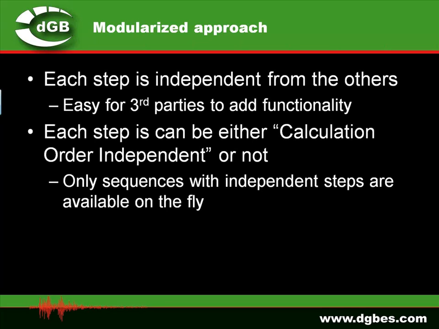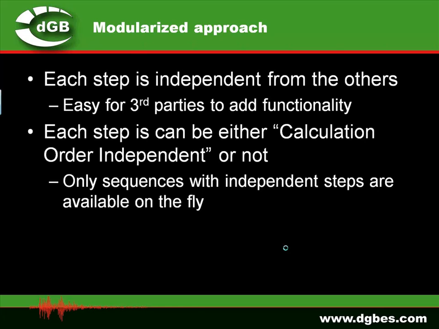The reason we need to keep track of this is that it's only when you have independent steps that you're able to calculate these on the fly. Today we'll mostly look at independent steps, but also a few dependent steps. So it really depends on the algorithm what it's able to do or what it needs, and if you're able to evaluate these on the fly, or if you have to process the volume and then look at it.